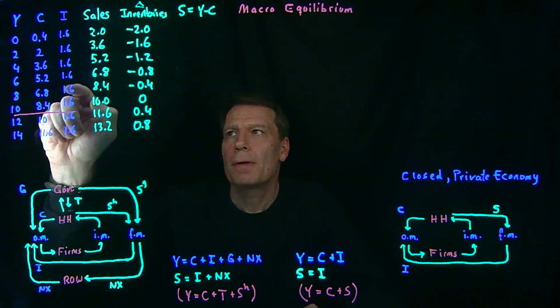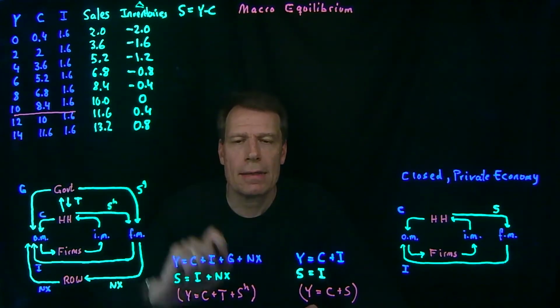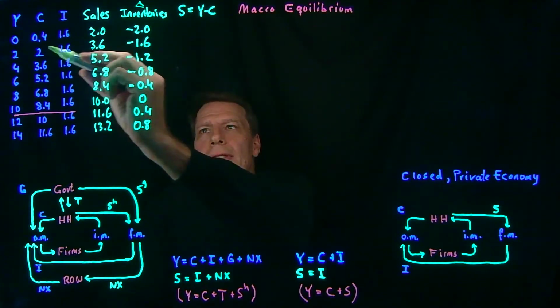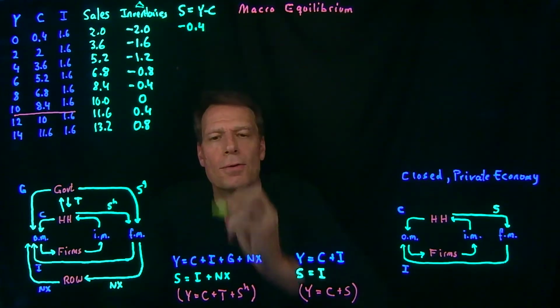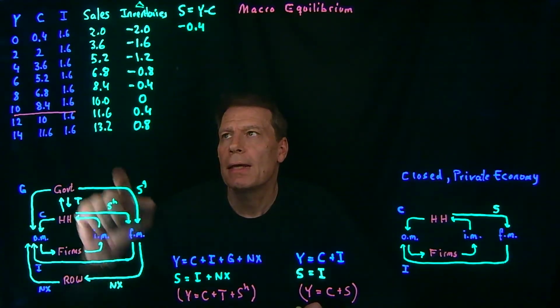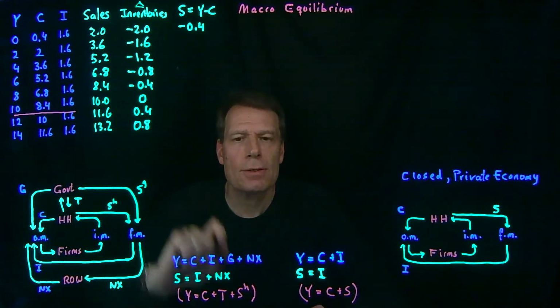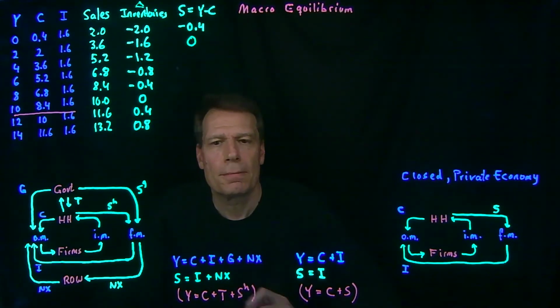In the first column, people are consuming 0.4 billion, but they're not making anything. Where is this coming from? Well, it must be coming from their savings. So the savings in the first row are minus 0.4. They're drawing down their savings. In the second row, they're consuming 2 billion and making 2 billion. So their savings are unchanged.